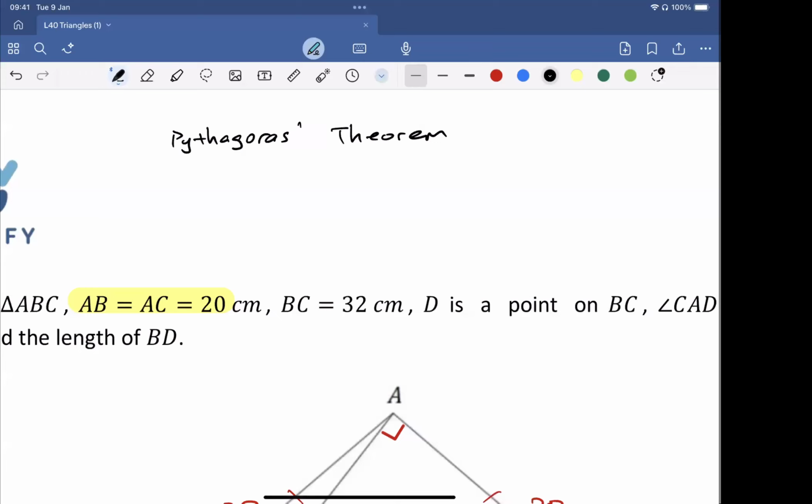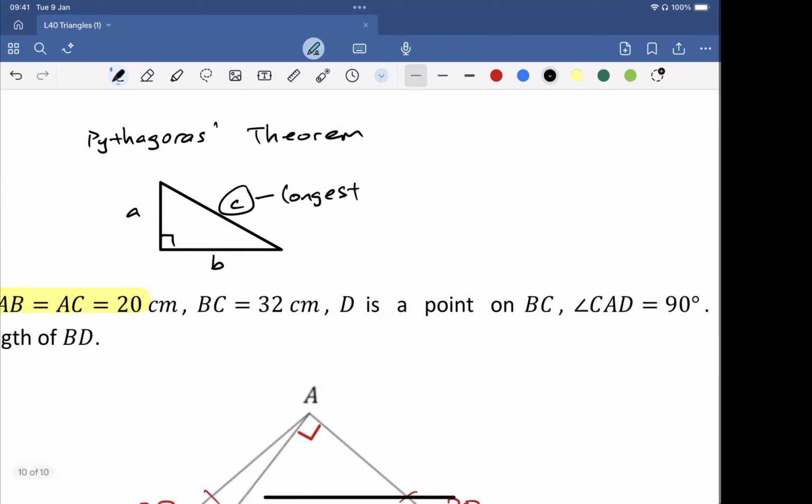He's a very smart guy, and he actually noticed that whenever you have a right angle triangle, where C is the longest side, then there is a relationship between them. The relationship is A to the power of 2 plus B to the power of 2 equals to C to the power of 2.